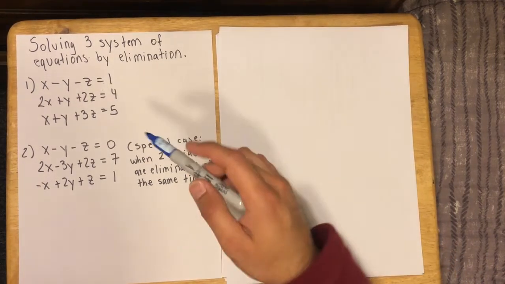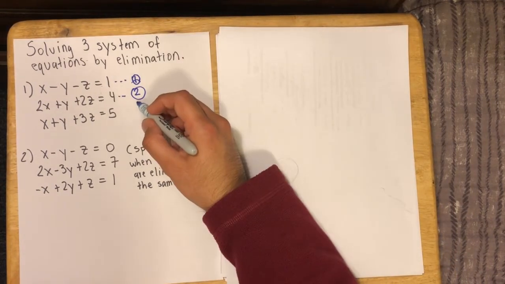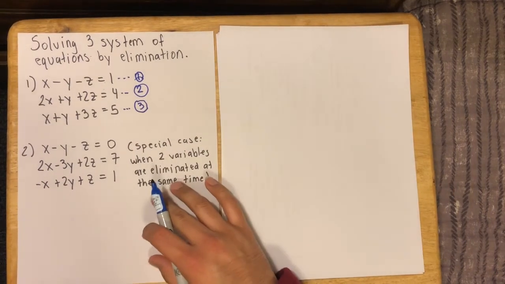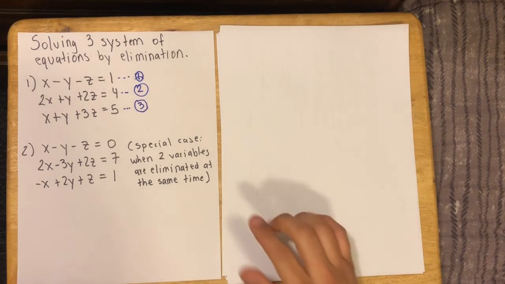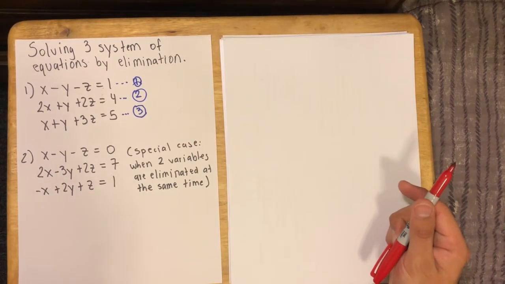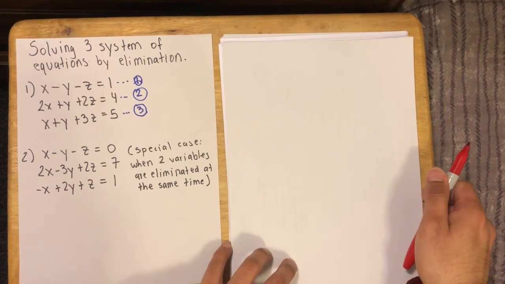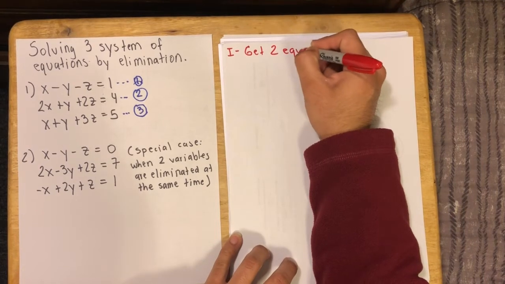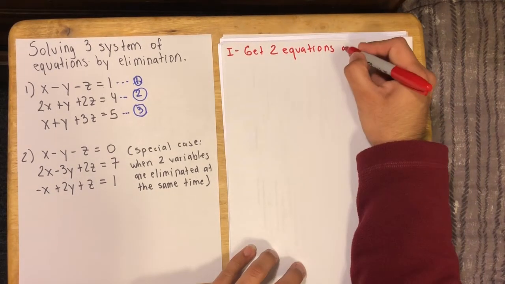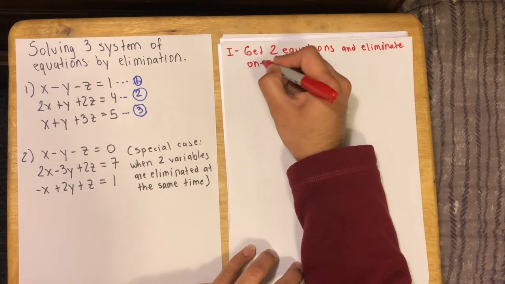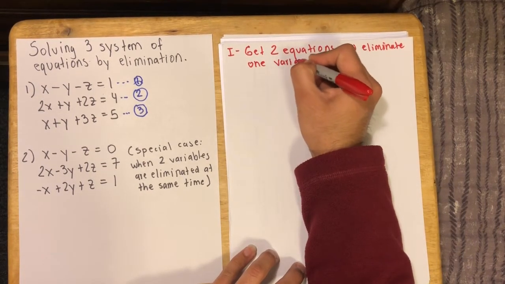For the first problem, the first thing that I recommend is to number each equation. We have equation 1, equation 2, and equation 3. So number the equations first, 1, 2, and 3. Let's solve this problem step by step. Step number 1 is to get two equations and eliminate one variable or letter.